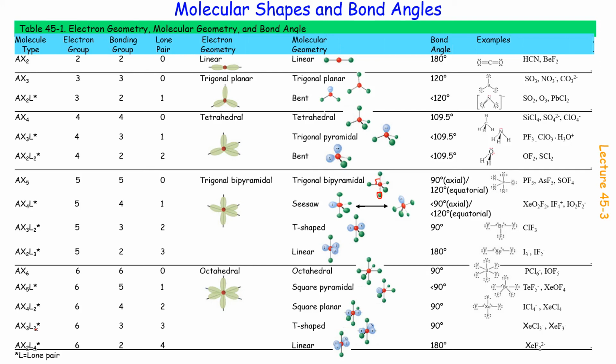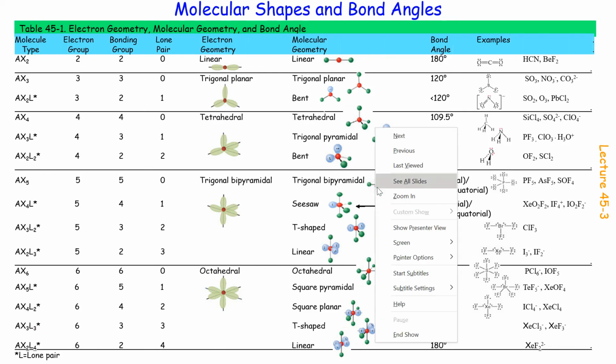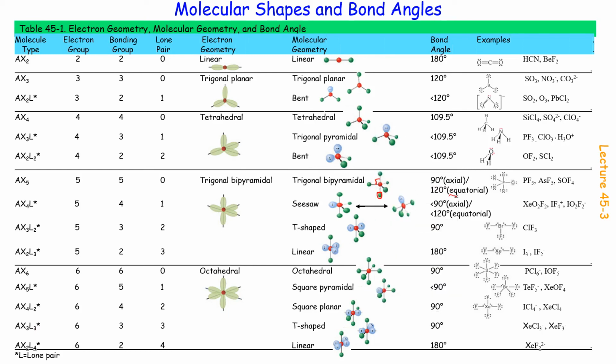The other angle is 120 degrees, that's between the bonds in the equatorial positions. There are 3 atoms in the equatorial positions. 1, 2, 3. Those 3 atoms. That's molecules with 5 bonding groups and 0 lone pair.